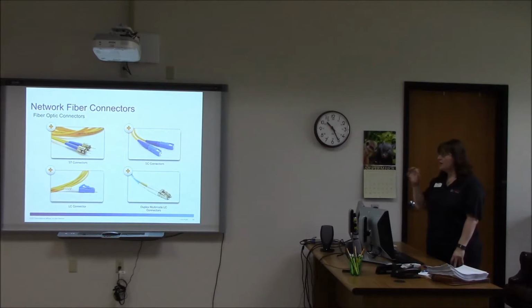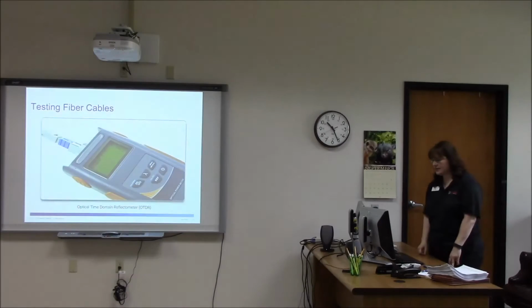SC, square connector, it's the only one that's got square on the end as opposed to like a rectangular connector. LC for little connector, because it's the smallest one. And then there's the duplex multi-mode, and it's the only one that's got two ends going into a single. So if you can kind of remember that, that might help you on a test.